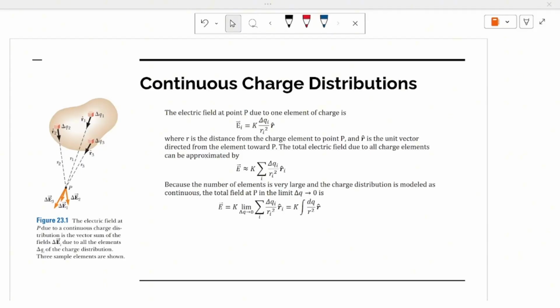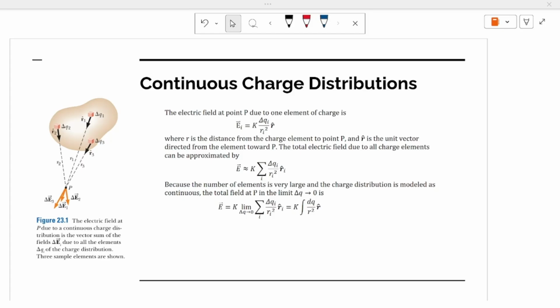So far, I've been talking about discrete charge distributions, which is when each of your source charges are separate from one another and in their own locations. Well, most of the time, you're going to have a continuous charge distribution where you have some sort of material, like an insulator, that is charged throughout the whole volume.